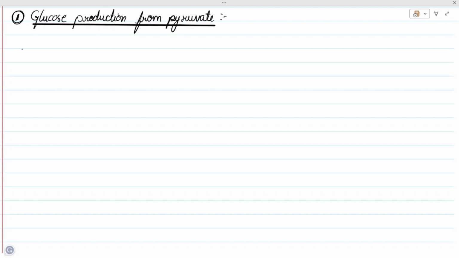We know that the production of glucose from pyruvate includes both the steps of glycolysis and the TCA. So first start with glycolysis. We know that the starting material is glucose in glycolysis. This glucose gets converted into glucose 6-phosphate and then fructose 6-phosphate, and then into fructose 1,6 bisphosphate.